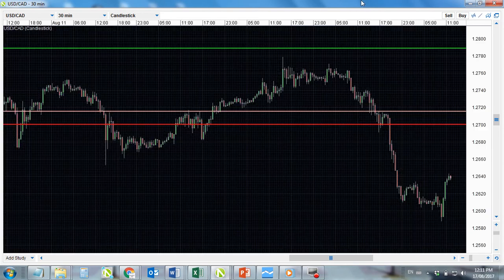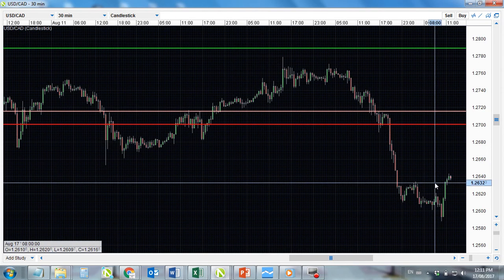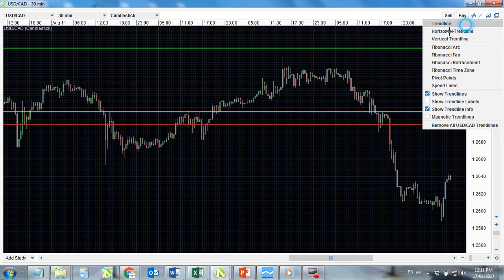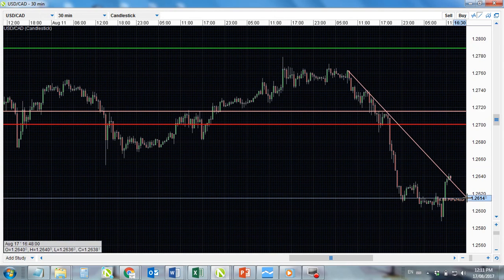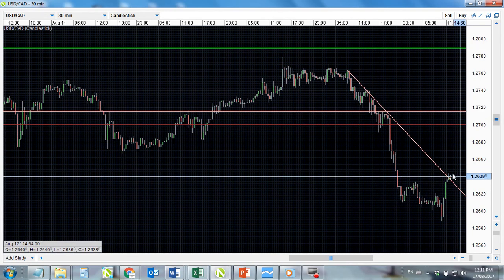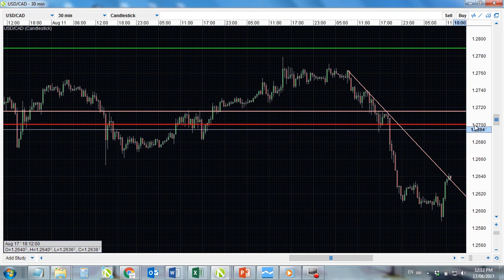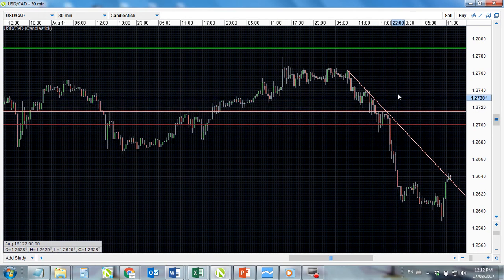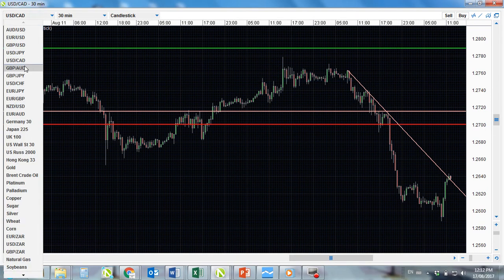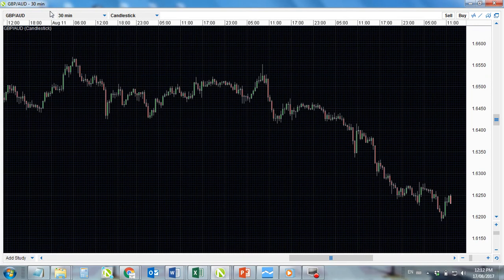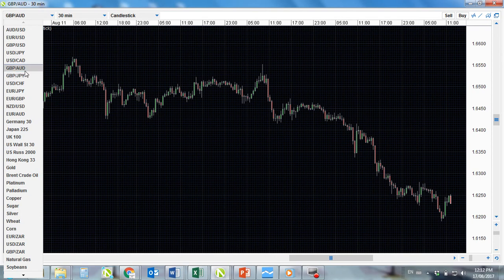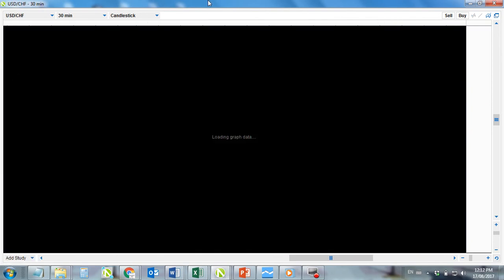The USD CAD, it looks like the downside of the United States dollar is still in play, but it has just broken out. So if it continues up to around 1.2714, forms a pattern, we'll get into a nice long trade. Okay, GBP AUD, let's not look at that because it contains the Great British Pound.